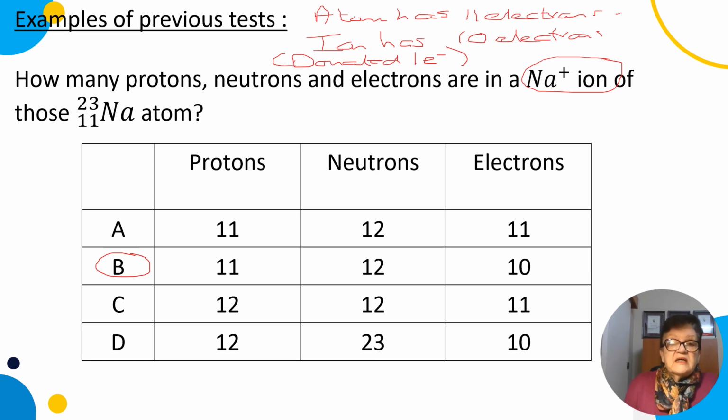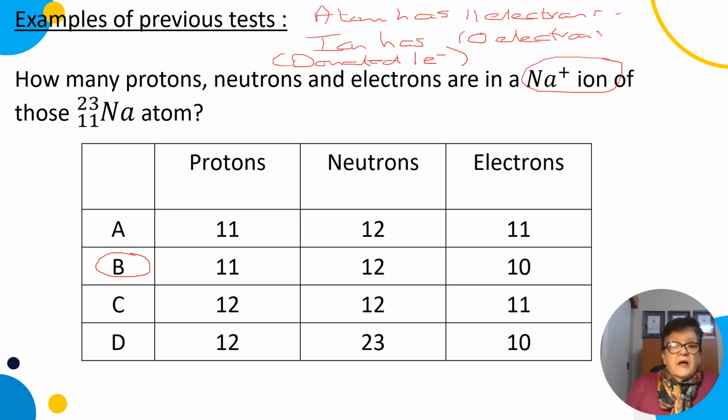So this means that in atomic form it had 11 electrons, but it donated one of its electrons, the valence electron. So that is how it became Na+. So that means that B is the correct answer, because the ion will have one less electron.